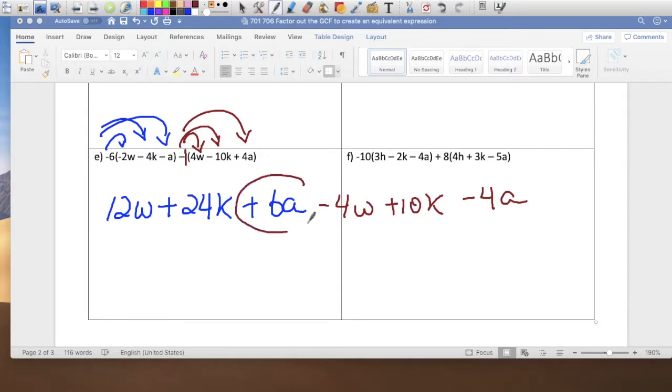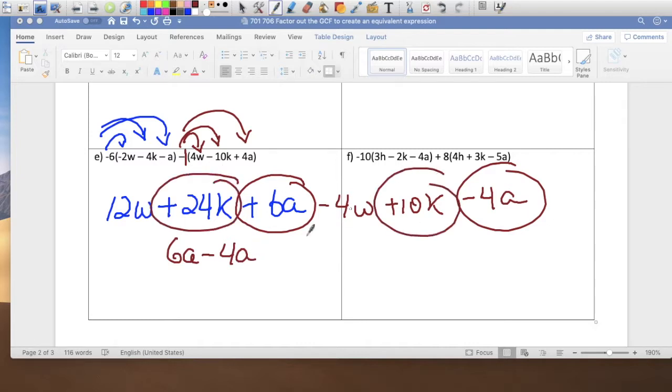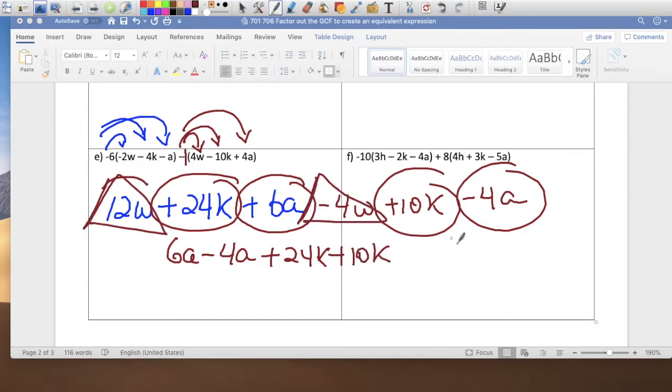Like terms, so let's do the 6a with negative 4a. 6a minus 4a. The k's, 24k and 10k. And these two, plus 12w minus 4w. So this becomes 2a. This becomes 34k plus, by the way.